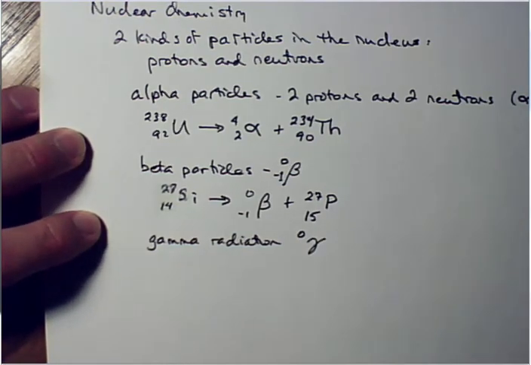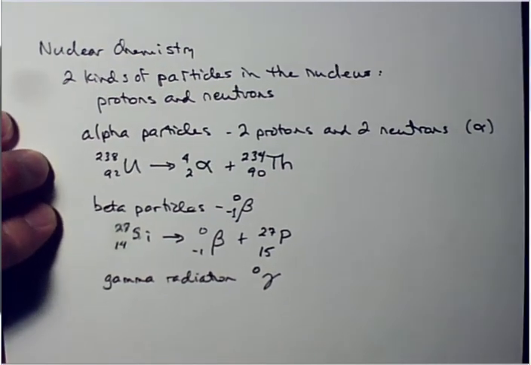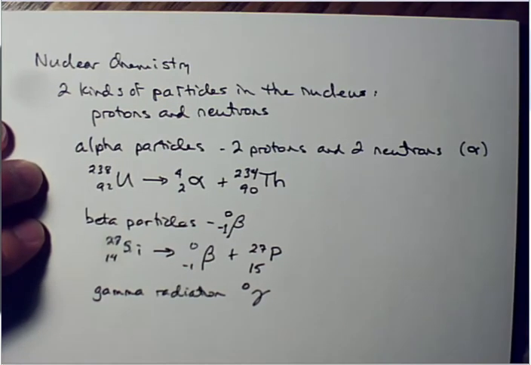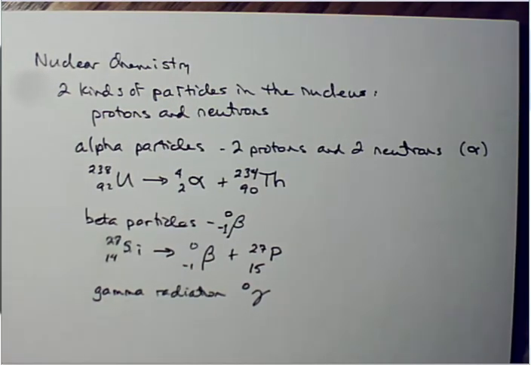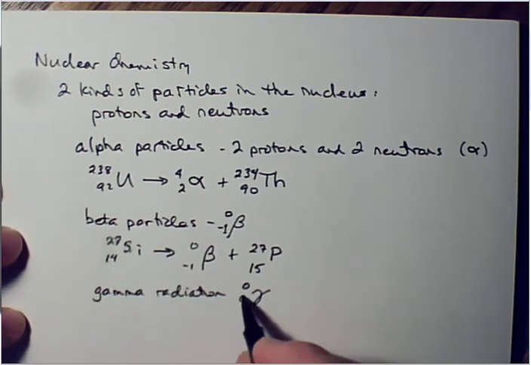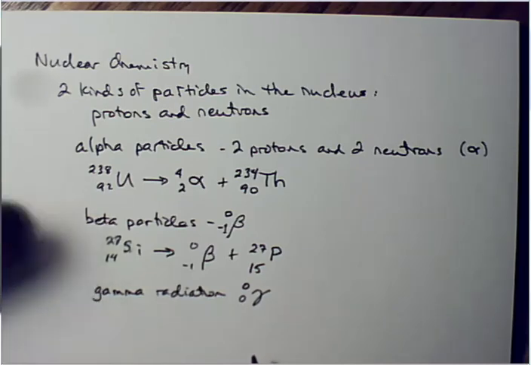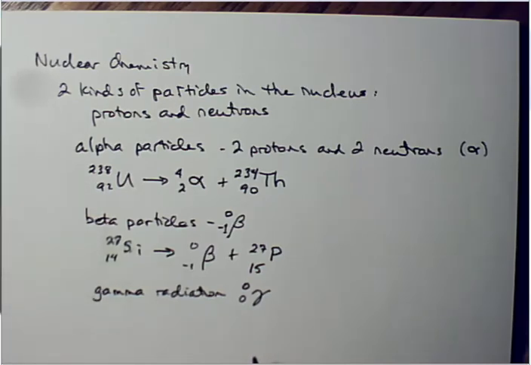Photons of light do have a mass, but it's so small we don't care about it. And it doesn't change any of the structure of the nucleus, so it's a 0 here too.